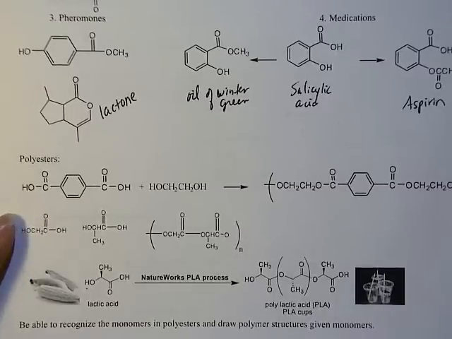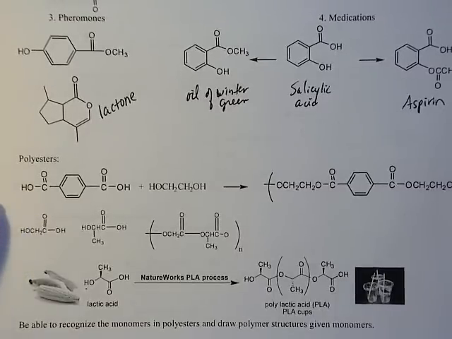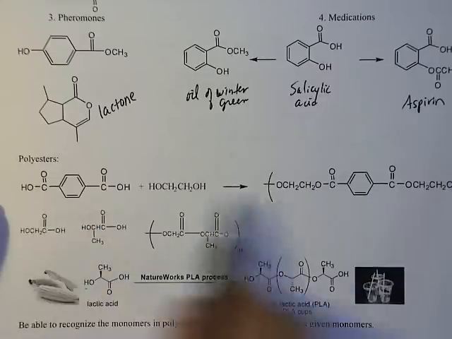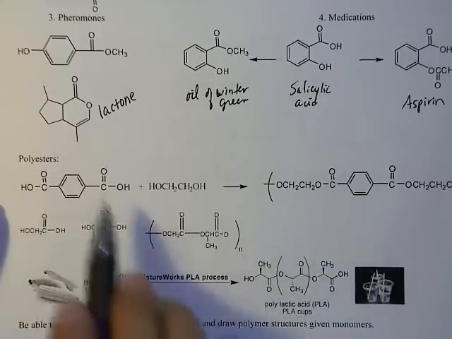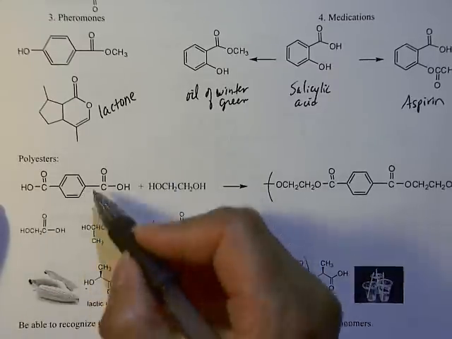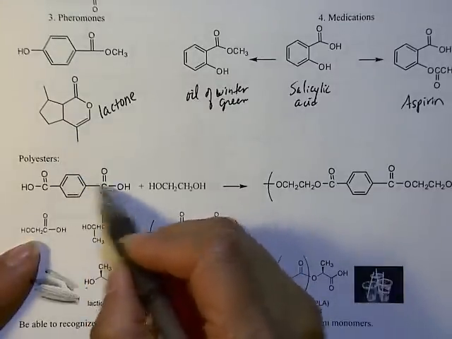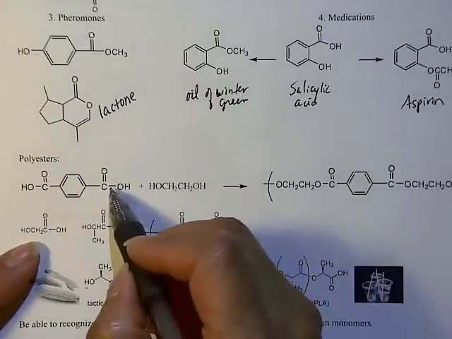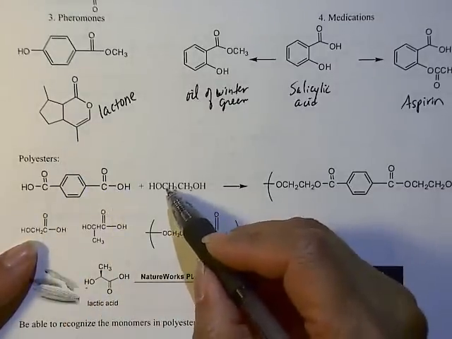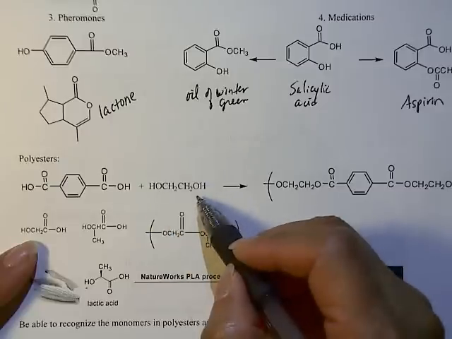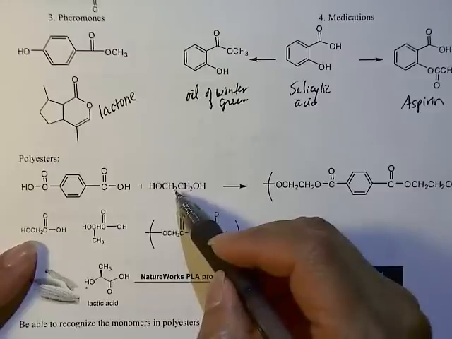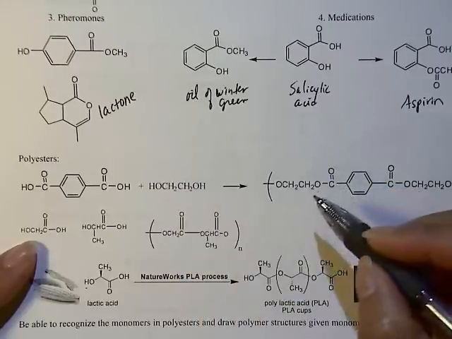You've seen it with sugars: when you have a monomer and link it together, and you have hundreds of these units together, you make a polymer. So in this polyester, we have two units coming together. Notice one unit has acid on both sides, and the second monomer has alcohol on both sides, because that's how you put together an ester functional group.